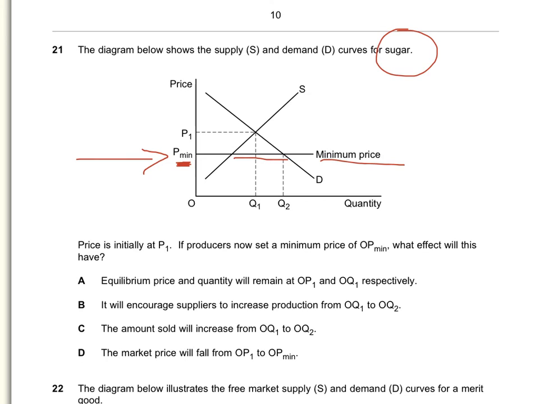However, the market sets an equilibrium price up here at P1, Q1. So actually, the minimum price in this instance is irrelevant. So the answer is A.